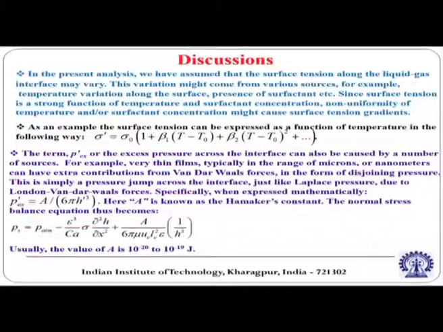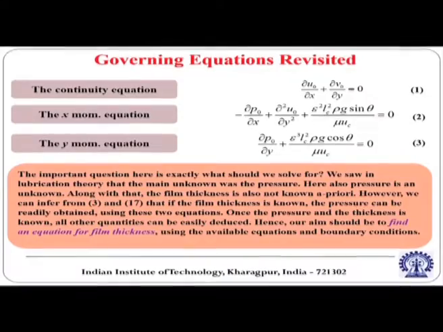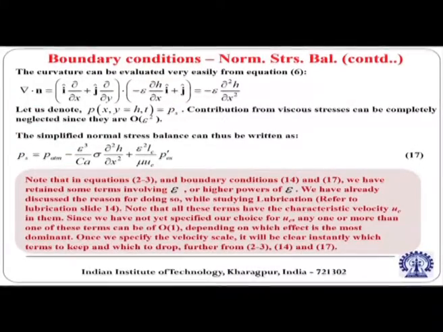So if you get back to that equation, see in this equation, equation number 17 in the slide, you see that Ps minus P atmosphere is designed to be between 0 and 1. So sigma del square H del x square is also designed to be between 0 and 1.